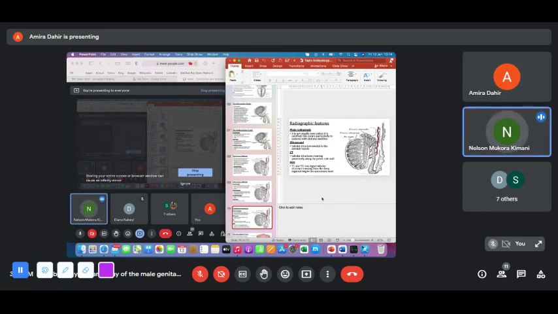The common thing that patients complain of is infertility, especially male. They want to confirm that the vas deferens is open, especially those patients who have azoospermia or aspermia. So you may want to see whether the vas deferens is blocked.